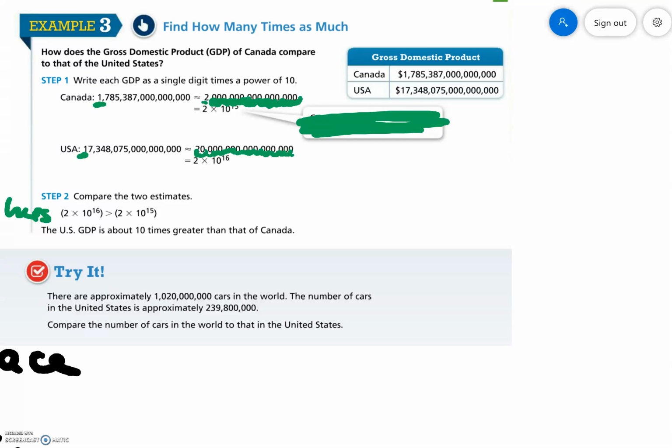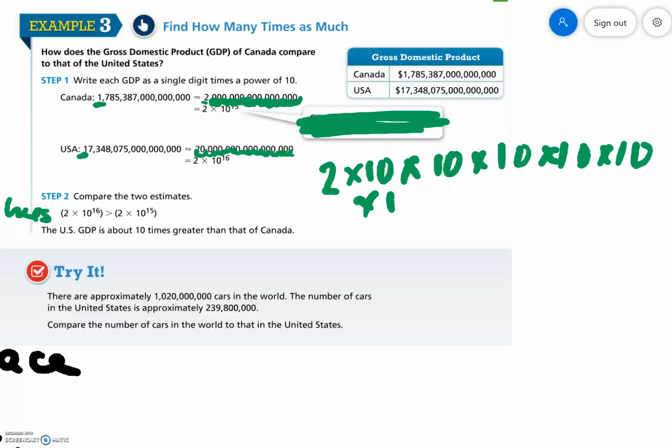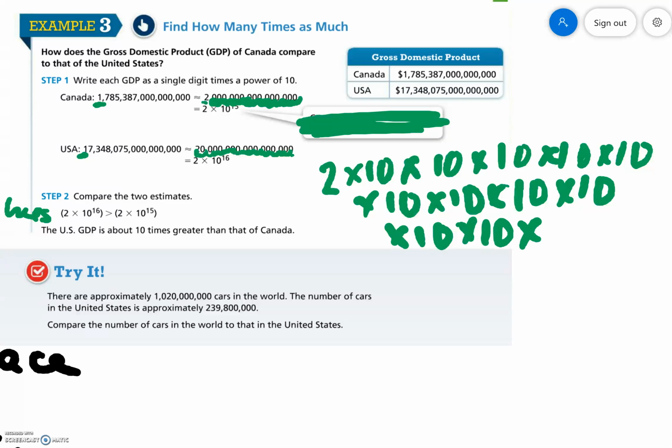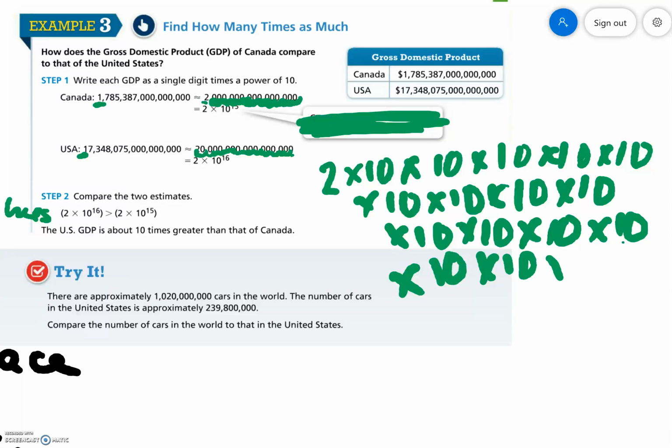So yeah, USA is bigger than Canada's by a 10, because it's 2 times 10 to the 16th and 2 times 10 to the 15th, which means the first one, USA, was 2 times 10 times 10, and so on, 16 times.